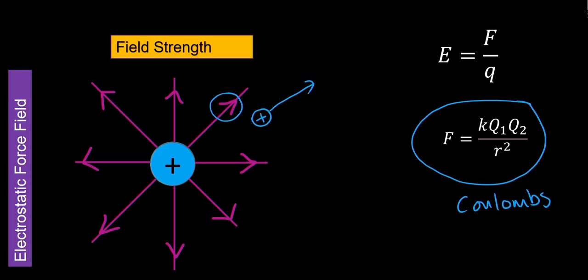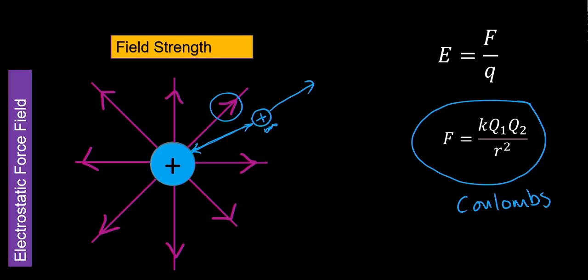So how does Coulomb's law fit in here? Well, we've got two charges here. We've got this little one over here, and we've got the one that has the field around it. So there must be a force between these two charges. We're going to use Coulomb's law to figure that out.